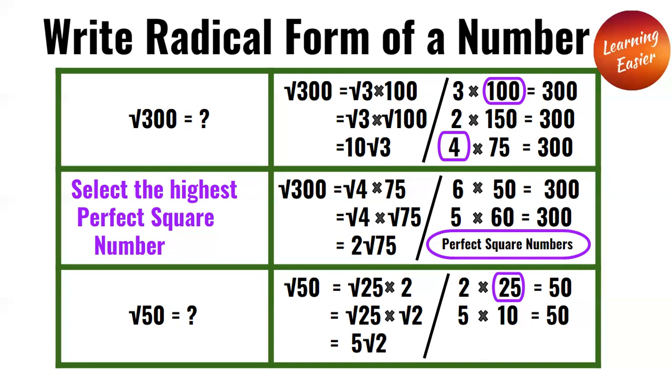You know that 25 is a perfect square, so we're going to use 25 times 2 to simplify the square root of 50. Square root of 25 times 2 is equal to square root of 25 times square root of 2, which is equal to 5 square root of 2. So the square root of 50 is simplified to 5 square root of 2.